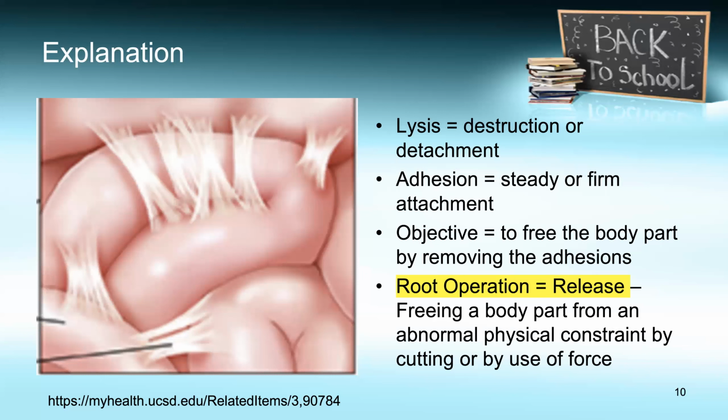We have to look at our root operation definitions and go down the list and say, okay, which of the root operations fit that objective to free the body part by removing the adhesions? And you should have landed on release. The definition of release is freeing a body part from an abnormal physical constraint by cutting or by use of force.